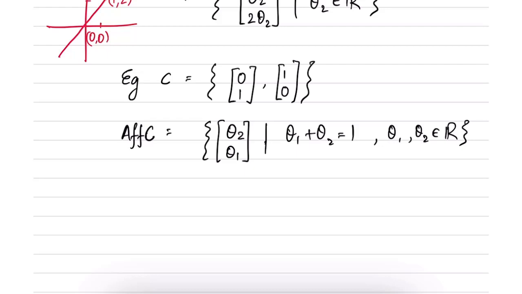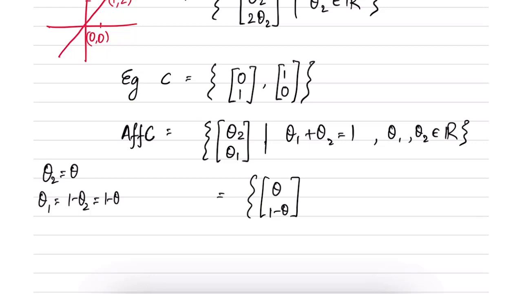We will set theta 2 equal to theta and theta 1 equal to 1 minus theta 2, which is equal to 1 minus theta. So we can write it as (theta, 1 minus theta). So this set contains all points of the form (theta, 1 minus theta), where theta is a real number.